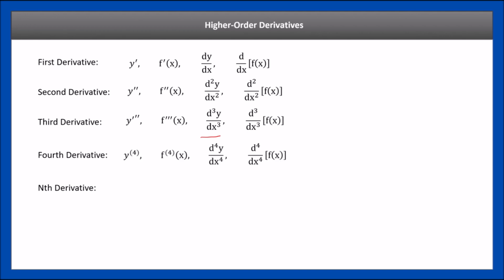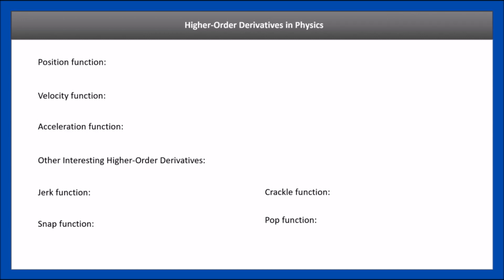Once you get to 4 or higher, we use parentheses, so that we don't confuse it with a power, because without the parentheses it looks like y to the 4th power. The parentheses tell you we're taking the derivative, not raising it to the 4th power. And then for the nth derivative, we put anything for n, 4 or higher. So that's the notation for higher order derivatives.